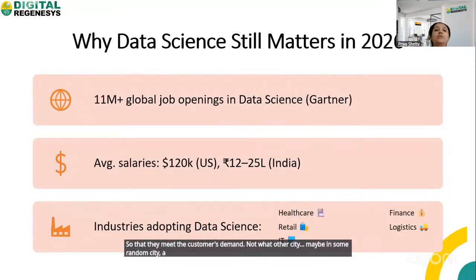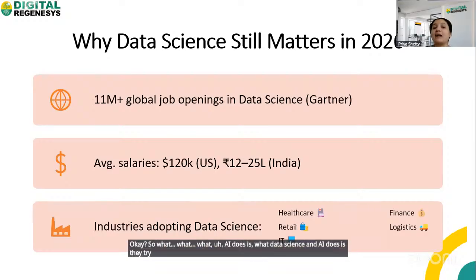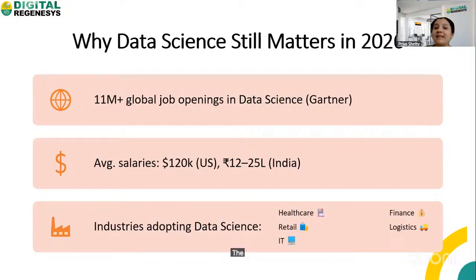Let's say city A is booming with a food item, but it's not necessary that the same food product will be booming in city B. So what data science and AI do is apply algorithms and understand the customers and their interests, and accordingly that particular product will be sold in city B.